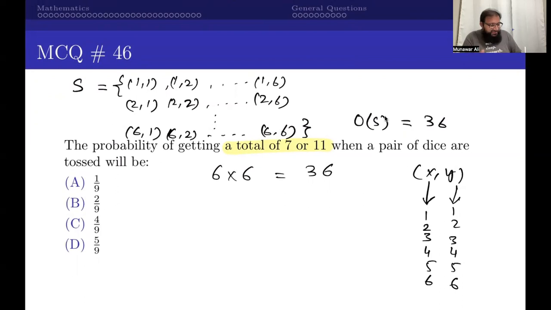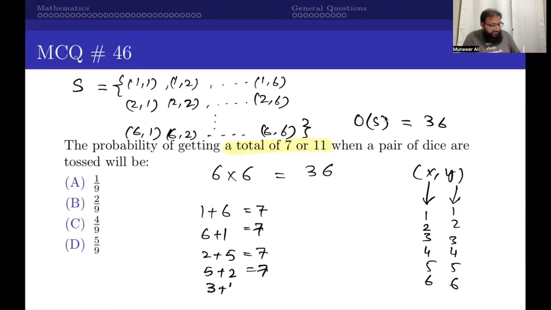It can be either 1 plus 6 or 6 plus 1, which is 7, or 2 plus 5, 5 plus 2, because you can swap, these are different dice, so you have two possibilities for each.